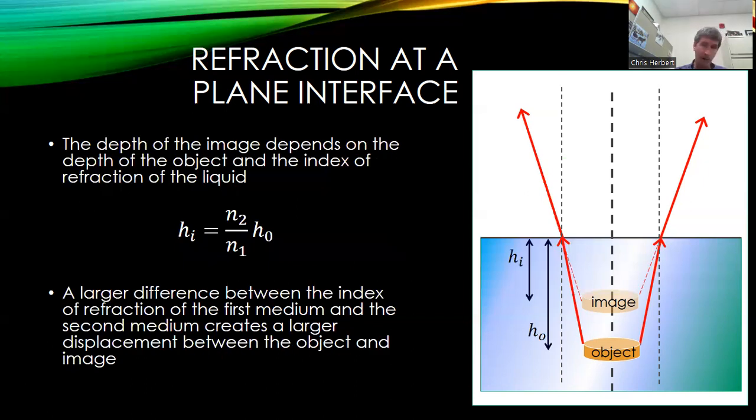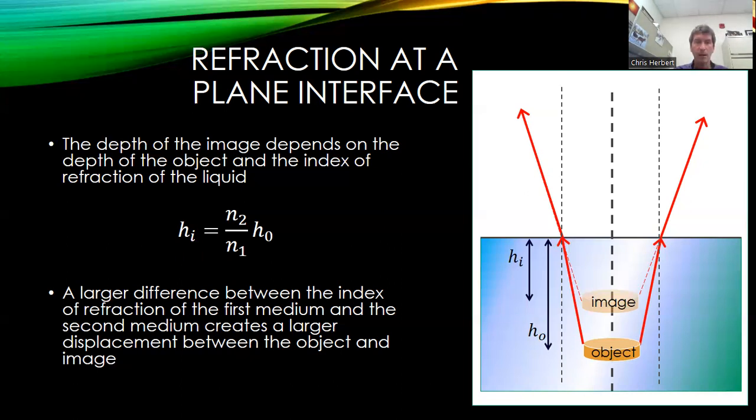And we can actually come up with an equation for this. Basically, we're using Snell's law here. Snell's law says that N1 times sine theta 1 is equal to N2 times sine theta 2. So the sine of the angle is related to the distance of the object. Now, this is a little bit funny here. You would have thought that we'd use DI and DO here, but this is talking about the height that the object appears below the surface.